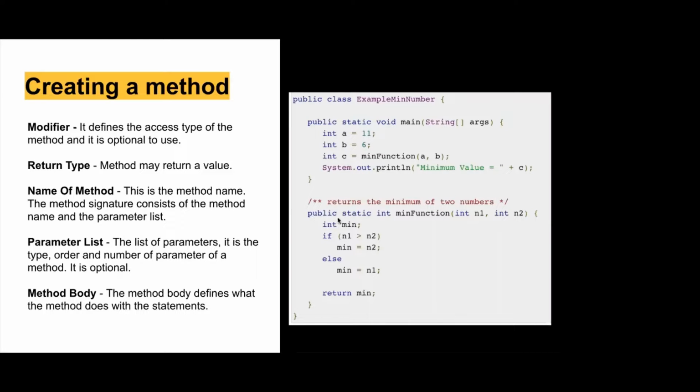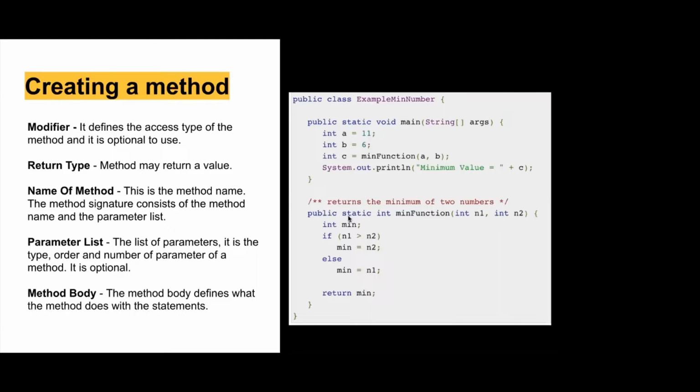So the first part is modifiers. It defines the access type of the method, and it is optional to use. In Java, by default, the attributes and methods are set to public. So we can also use private with int mean function as well.